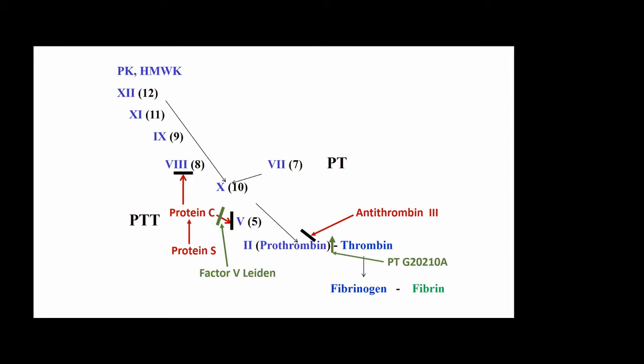And factor V Leiden is sort of like the receptor analog to protein C deficiency, meaning in this situation, there's enough normal protein C around, but factor V Leiden results in a mutation in factor V that prevents its binding. So in a person who has factor V Leiden, this naturally occurring anticoagulant can't put the brakes on. And so this pathway tends to go down to the final fibrin clot without somebody putting on the brakes.